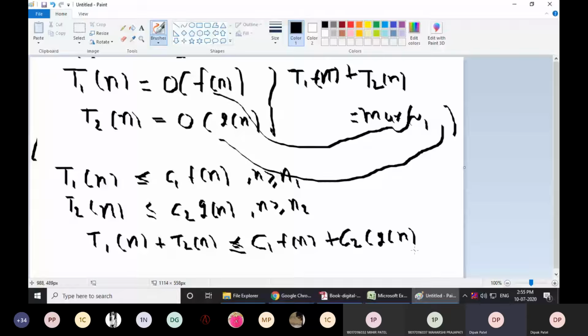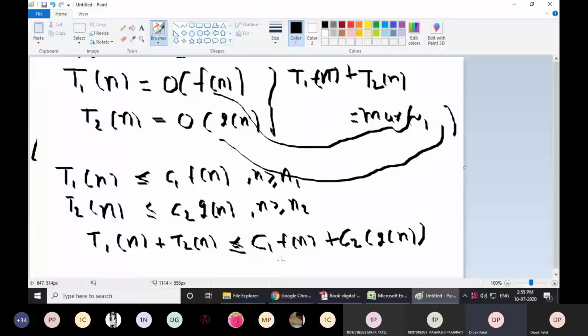Right? Now we have to show that, we want to prove this. This is max of this, right? So now let's select, we have to show that this is max of f(n) or g(n). Okay.